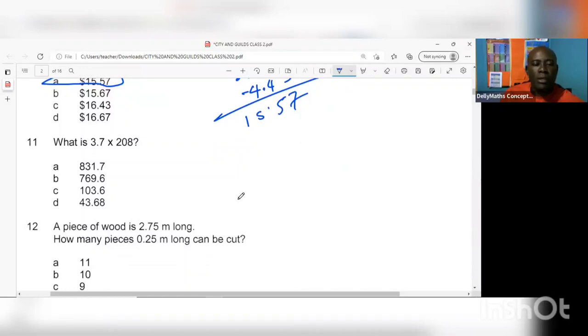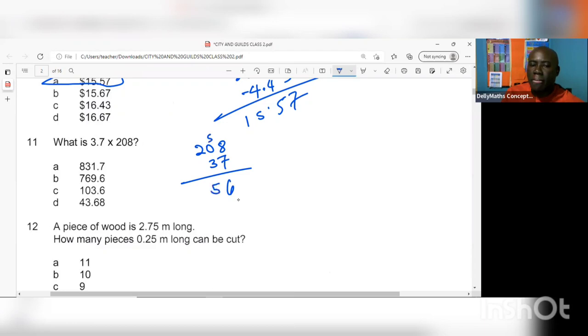What is 3.7 times 2.8? You're looking for an answer with 1 decimal place, also something close to 800 before placing the decimal. So we have 2.8, and you multiply this by 3.7. You carry out your regular multiplication: 7 times 8 is 56, carry the 5.